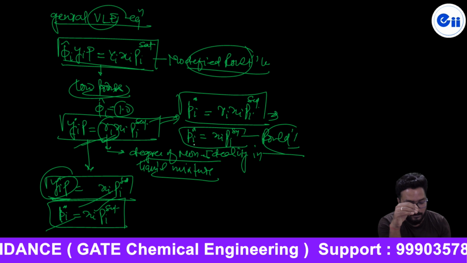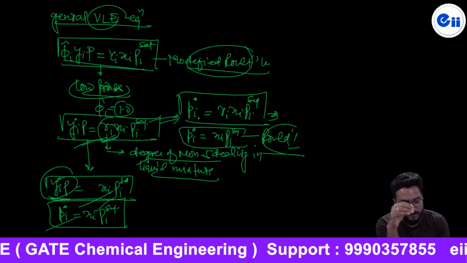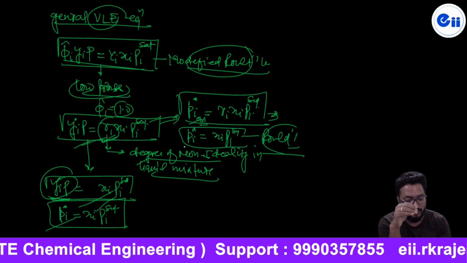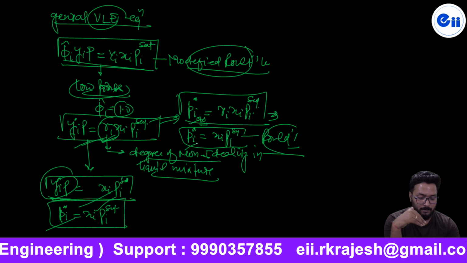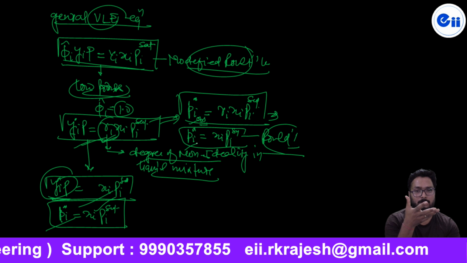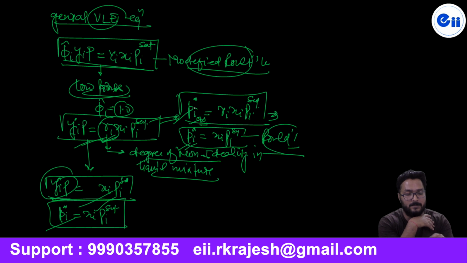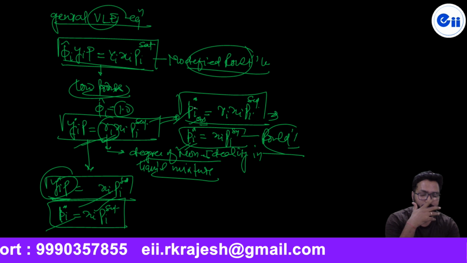Pi star means ideal condition, and observed means actual, real condition.